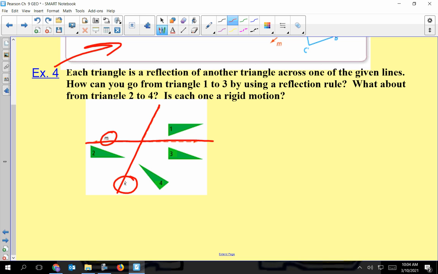If I went from 1 to 3, I'm reflecting it across line M. And then from 2 to 4, just to make sure I keep the right direction, it doesn't matter because you're reflecting across the same line, but I reflected 2 to 4 across line K.